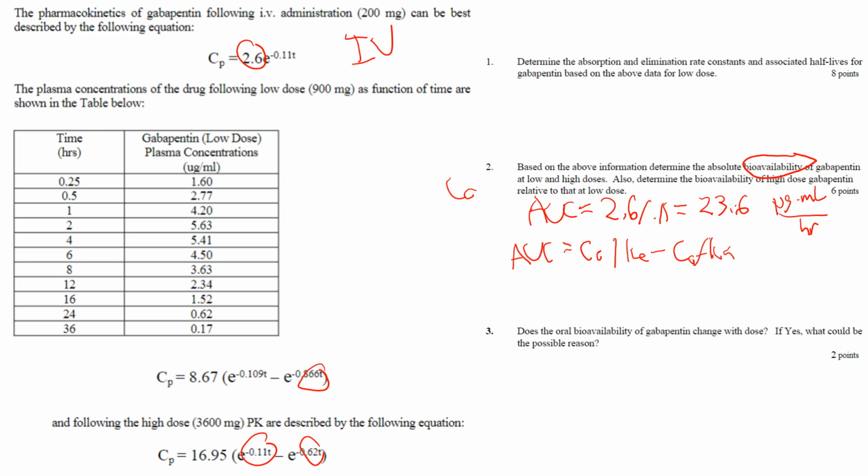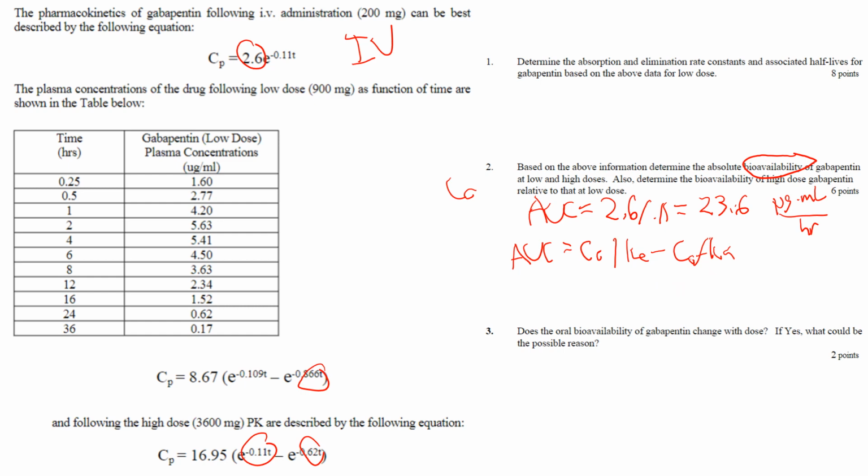If you were to distribute this out, just be careful. It would come out to something like C naught times 1 over KE minus KA. So if you're going to do that algebra, just be careful. I'll just write it out the long way here to avoid confusion.